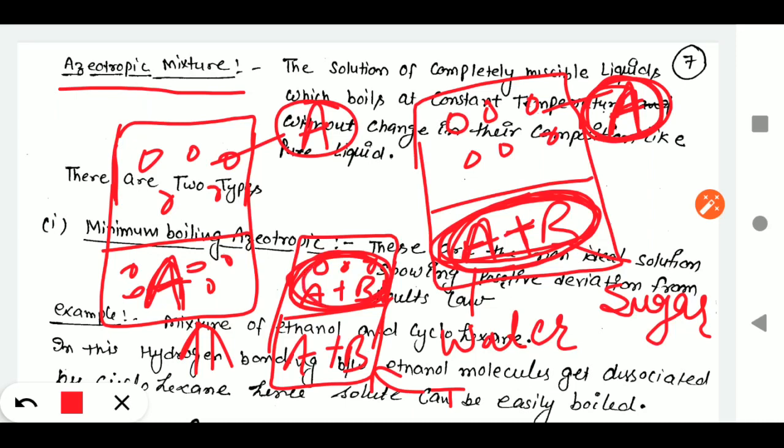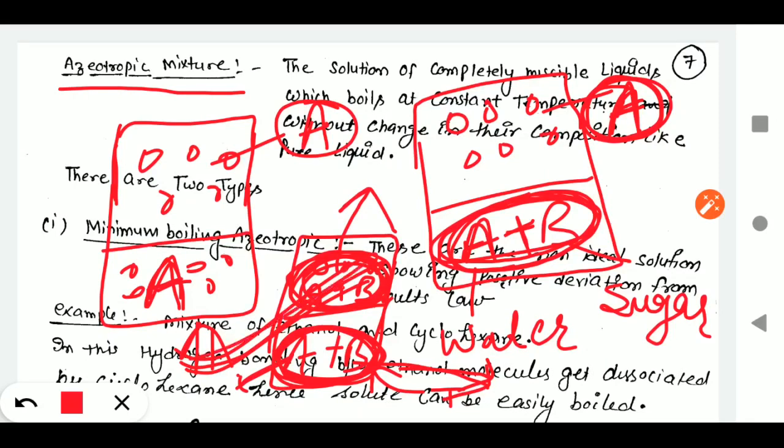In the vapor phase both A and B are there, as well as in the liquid phase both A and B are there. So there is no difference in the composition of the vapor phase and the liquid phase. So you cannot separate A from B, because on heating both are coming in the vapor phase. So such a type of mixture boils like a pure solvent.